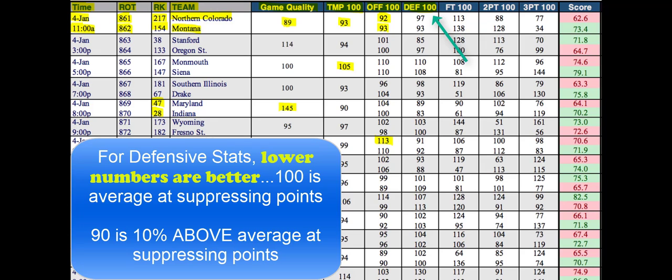If we look at Northern Colorado, they're at a 97, means we have them rated 3% better than average defense. And Montana, they're at a 93, that means we have them rated 7% better than average defense. That means 7% better at suppressing points than an average defense. If we go over to Monmouth again, we have them at 110, that means they're 10% worse than an average team at suppressing points.